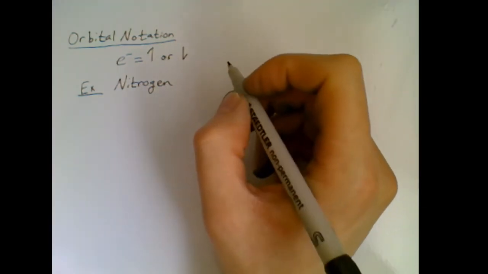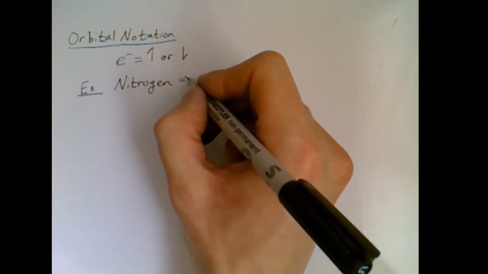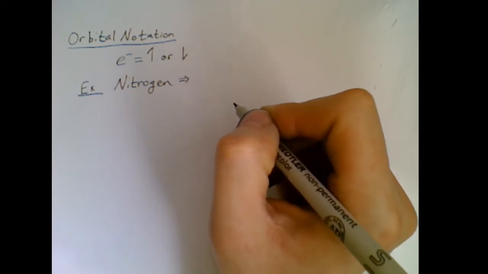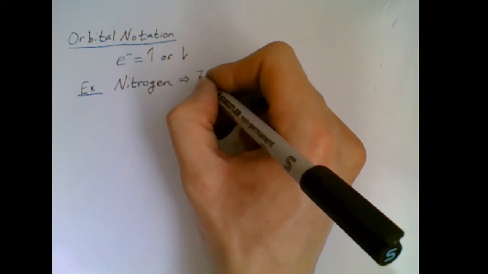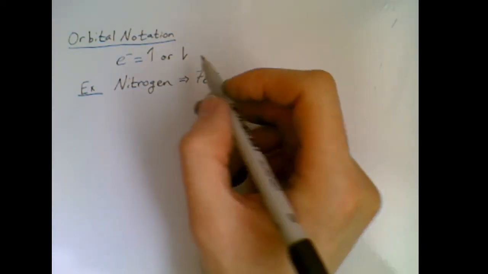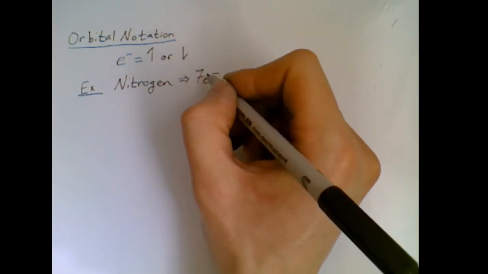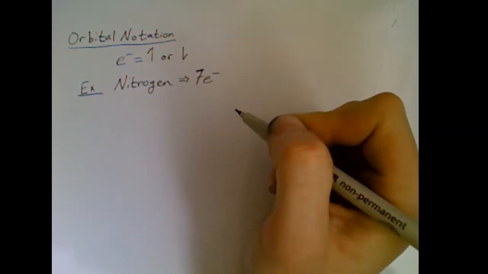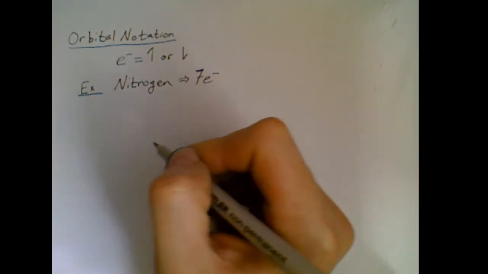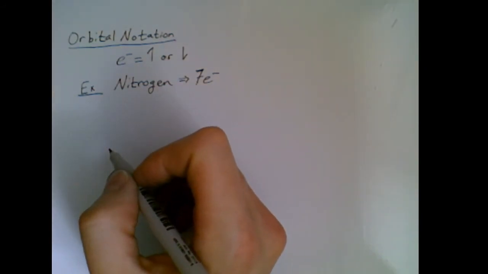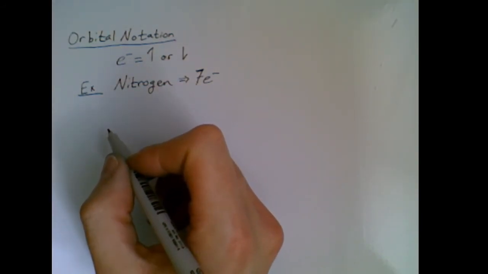And to work through this example, what we want to do is figure out how many electrons in total nitrogen has. It has 7 total electrons. So the way that we do this is we always start with the lowest energy level.